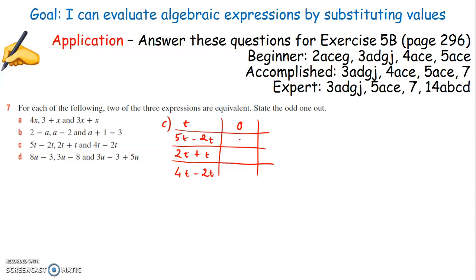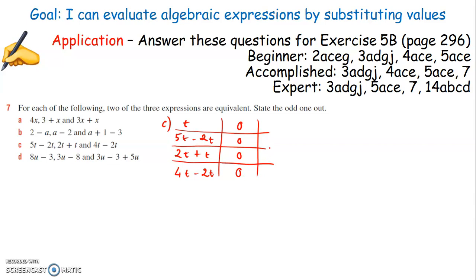So 0 minus 0 is 0. 2 times 0 is 0, plus 0, that's also 0. Now you may think, oh, so the first two must be equivalent, but we should try the third one as well. So 4 times 0, that's 0, minus 2 times 0. So 2 times 0 is 0. So here we have 0 minus 0, which also is 0.